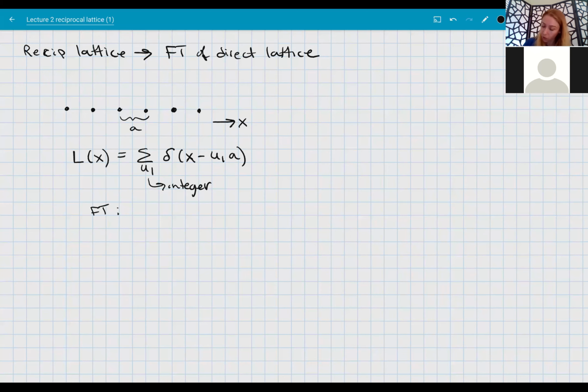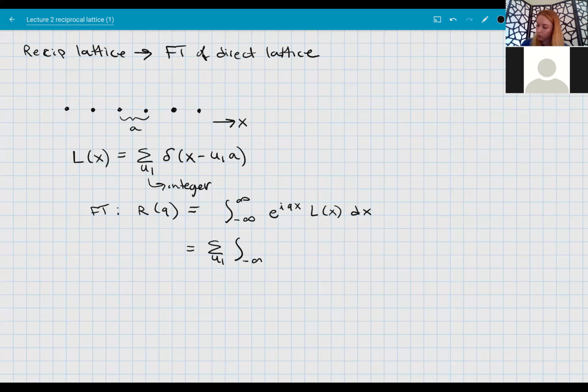So the Fourier transform R of Q is equal to an integral from minus infinity to infinity of e to the I q x times L of x, integrated over dx. And plugging in what we have for our original function L of x, we have a sum over u1.